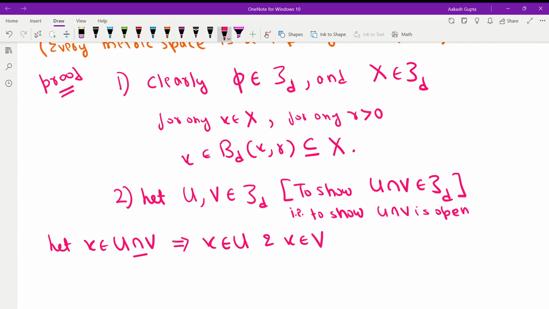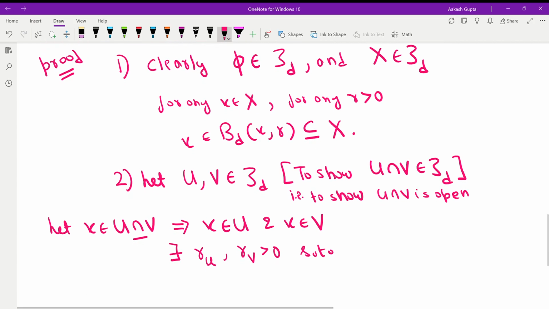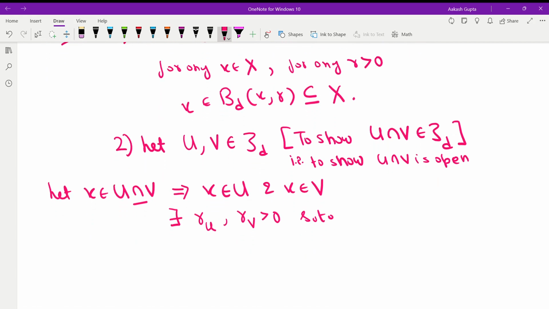Now, what are U and V? They are in tau d, so they are open. So there will be some radius, some balls contained in U and V. So there exist r_U bigger than 0 and r_V bigger than 0 such that, and this is the way to write. I'm not just giving you logic here.